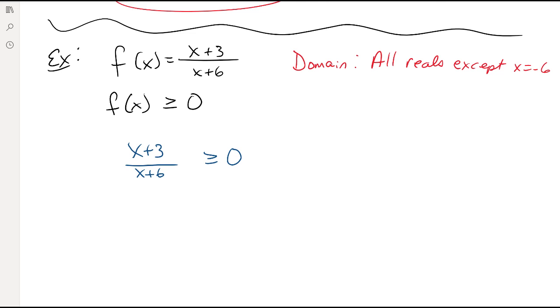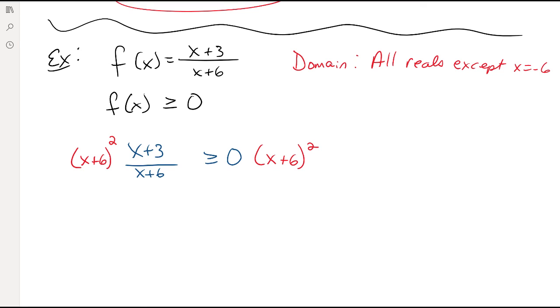So to avoid worrying about switching, we need to make sure we multiply both sides of our equation by a positive value. So what we need to do here is multiply both sides of the equation not just by x + 6, but by (x + 6) squared. So the key with these inequalities with rational functions, with the fractions here, is to multiply both sides by the square of that denominator.